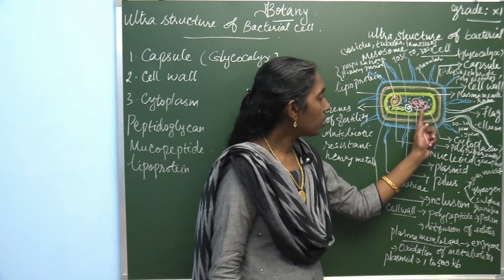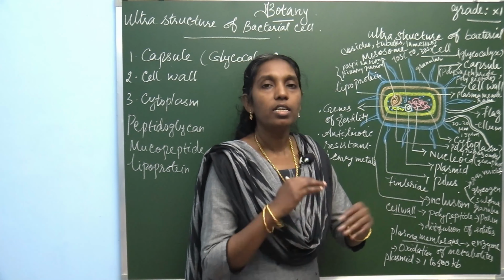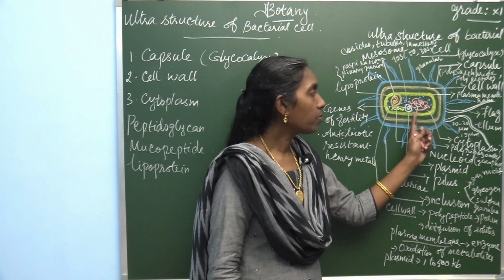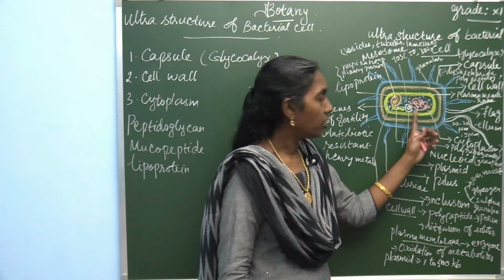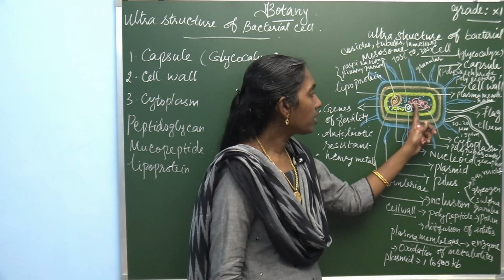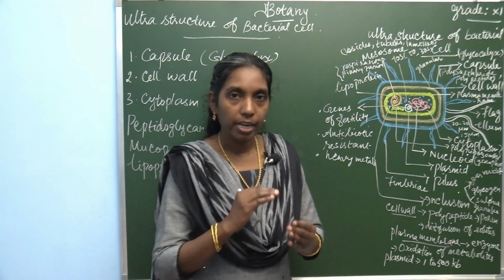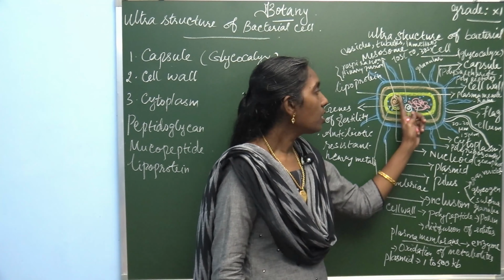The cytoplasm is semi-transparent, a viscous substance which consists of the genetic material and all the cell inclusions, ribosomes, everything present within the cytoplasm.